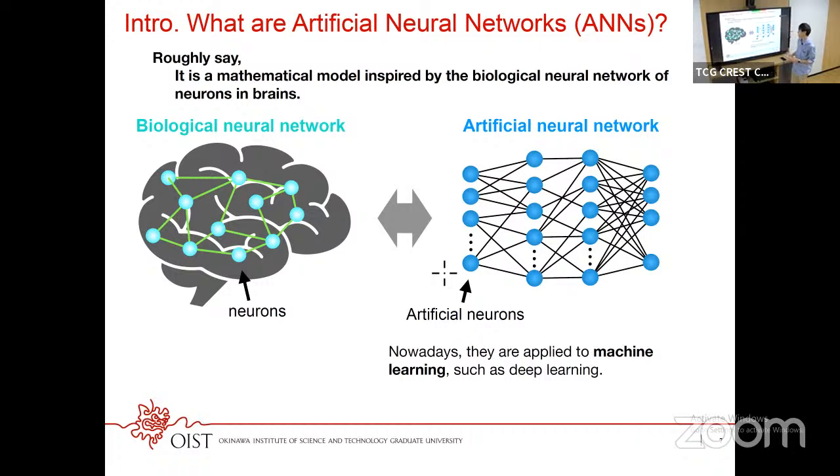Similarly, in an artificial neural network, we have artificial neurons, sometimes called nodes, and these are connected to each other and make a network structure. At first, it was proposed to understand what happens inside the brain. But nowadays, neural networks are applied to machine learning, such as deep learning.